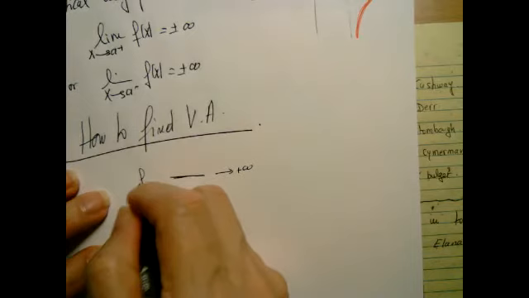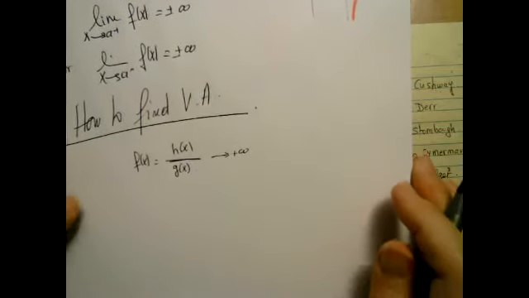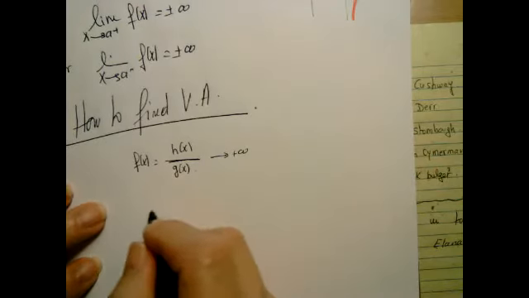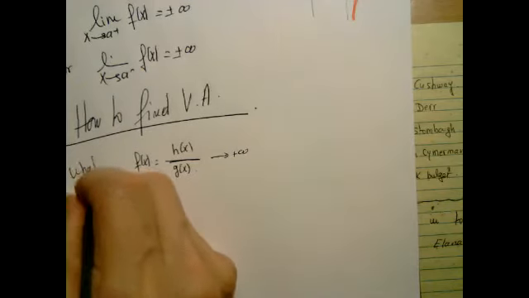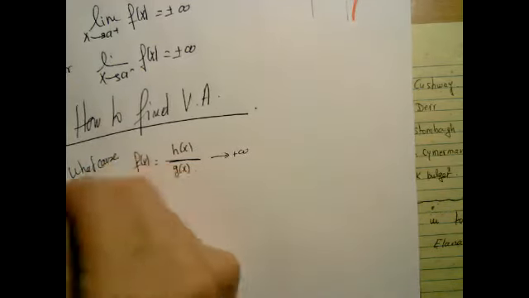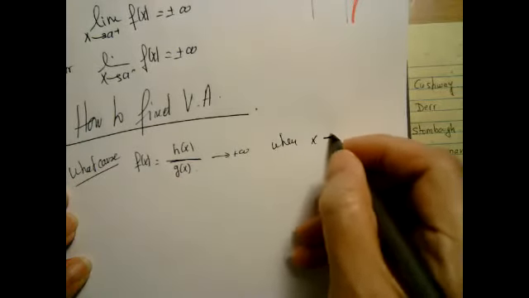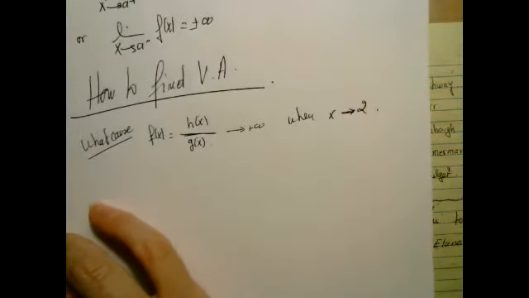Let me make the scenario a little more precise. Suppose my function is the ratio of two functions. It means one divided by another. Okay? And what can cause f of x to go to infinity when x becomes close to, let's take a number just to make things simple, what can cause this?